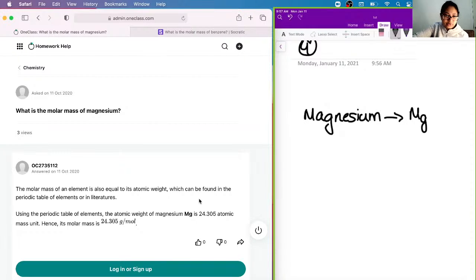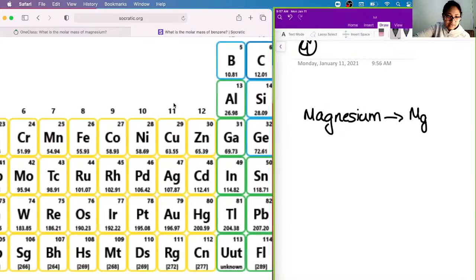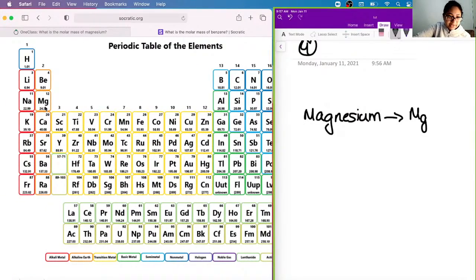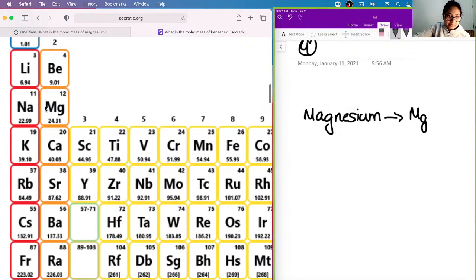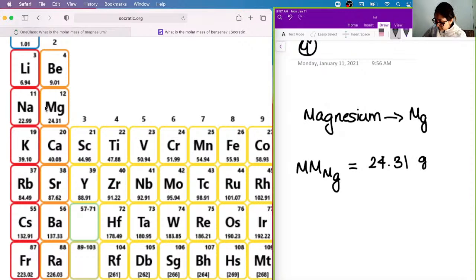This is in group 2, and we can see that it has an atomic number of 12 and a molar mass of 24.31. Since magnesium is an element, the molar mass is given in your periodic table. So we can say it is 24.31 grams per mole.